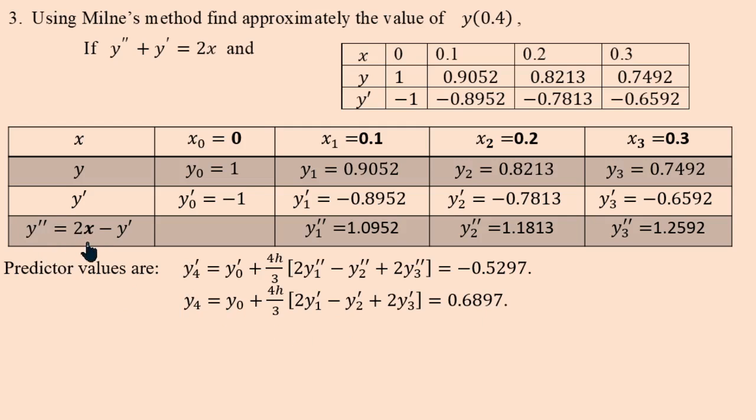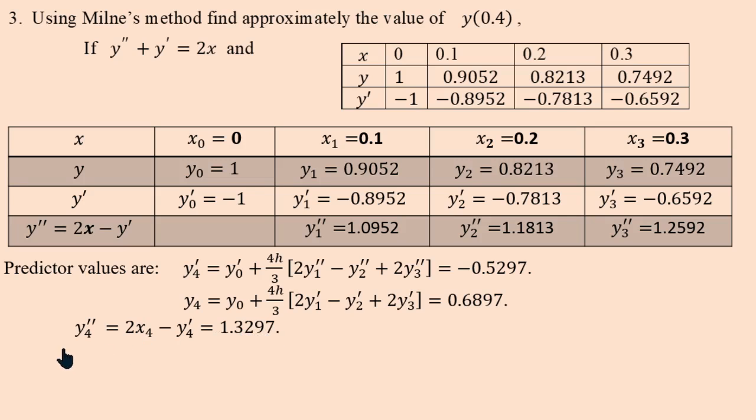Use these values to find y4 double dash. 2 into x4, that is 0.4 minus y4 dash, minus 0.5297. So y4 double dash is 2 into x4 minus y4 dash, 2 into 0.4 minus minus 0.5297. So we got 1.3297.